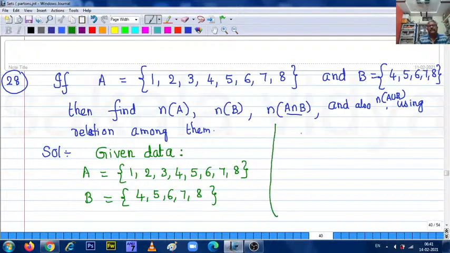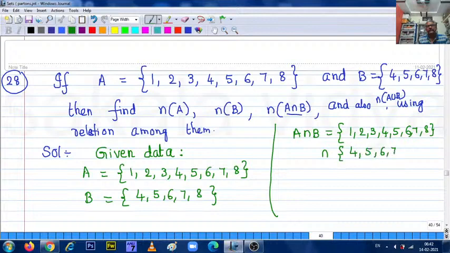So first let us find out A intersection B. A is 1, 2, 3, 4, 5, 6, 7, 8, intersection B is 4, 5, 6, 7, 8.